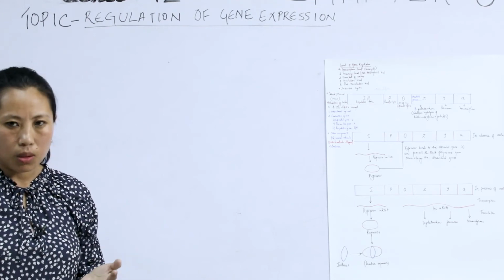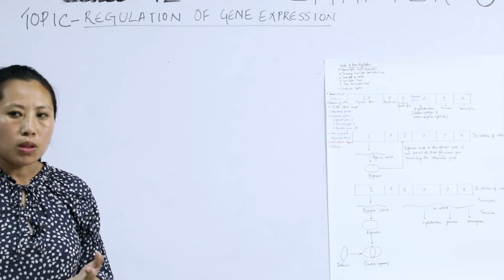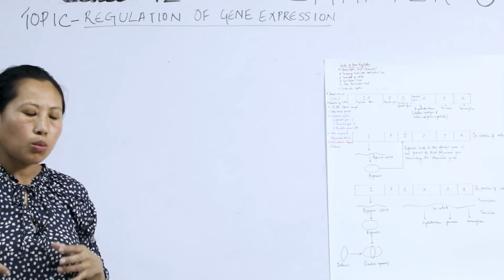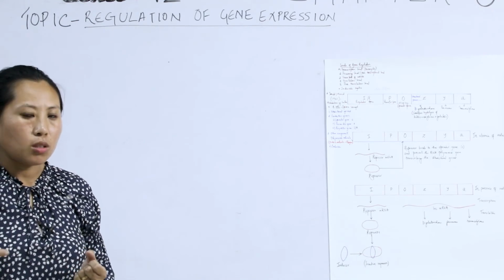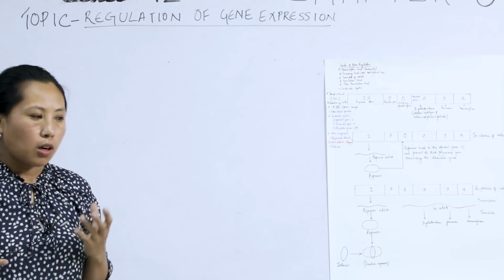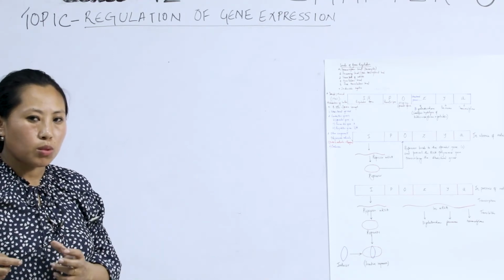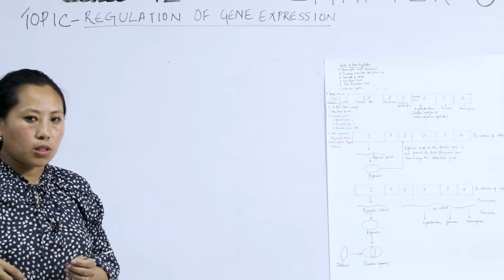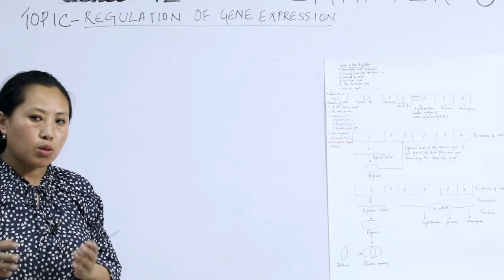We discussed transfer RNA, and then we also discussed ribosomal RNA. Together with proteins, they form the structural components of ribosomes, which are the sites of protein synthesis. Then tRNA is responsible for bringing the amino acid from the cytoplasm to the ribosomes. We also have discussed the second phase of protein synthesis, that is translation.